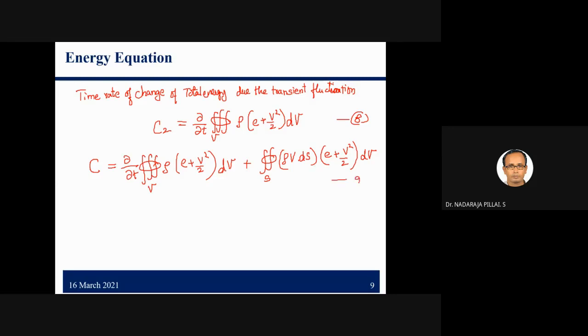So this is equation number 9, and now we can write A plus B is equal to C.